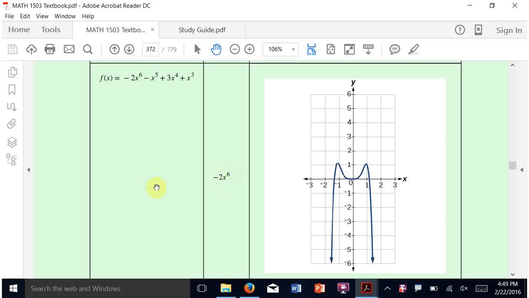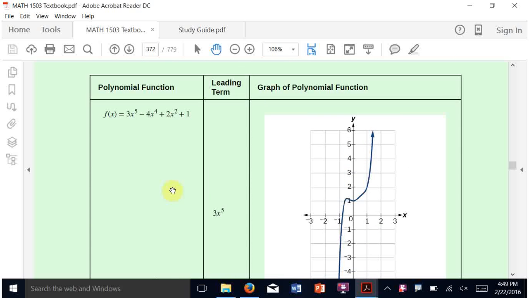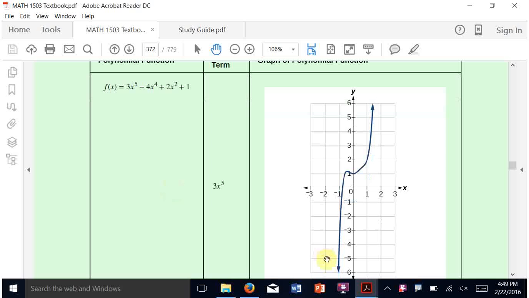What happens when you have odd exponents? Well, you have opposite behavior. You can think of this sort of like your x cubed is your base case, if you want a tangible and easily recalled function.